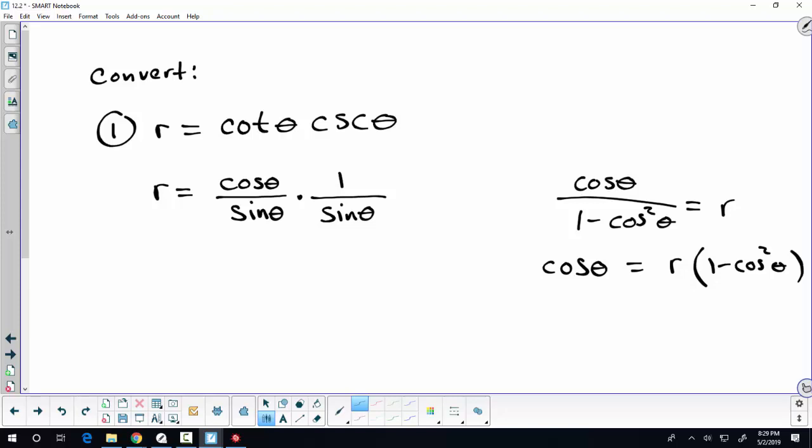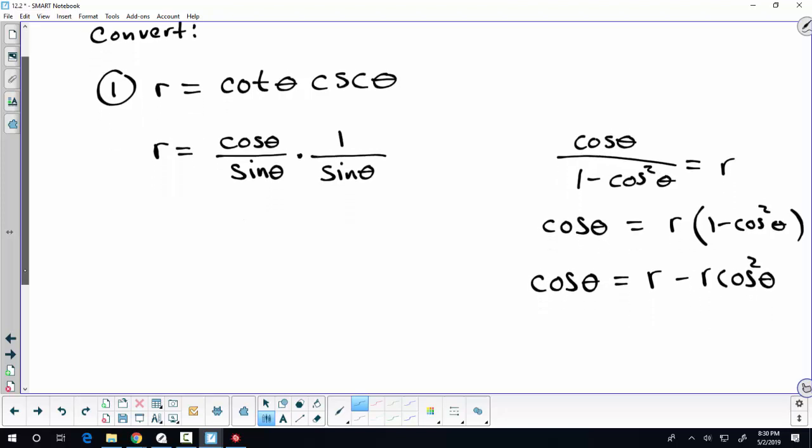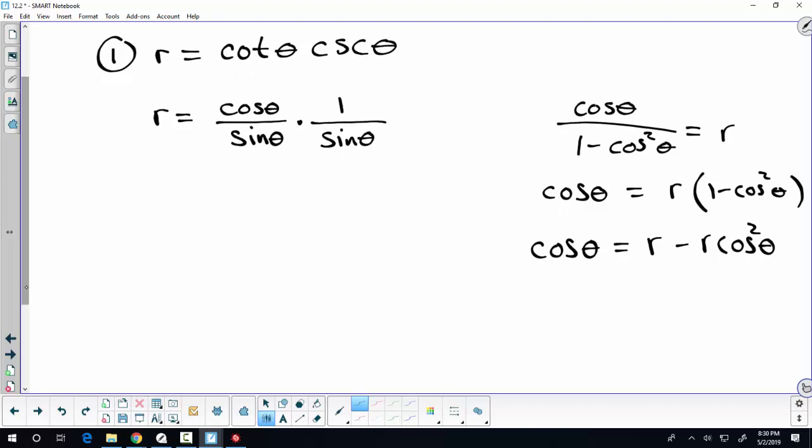When we convert from polar to rectangular, does having a sine squared or a cosine squared in there help us? You're correct, this is r minus r cosine theta times cosine theta. What if you just put that cosine on the other side? You could then factor it. So if we looked at it as cosine theta equals r minus r cosine theta times cosine theta, I think that's a little bit closer to helping us, right?